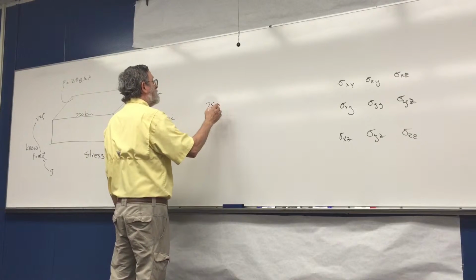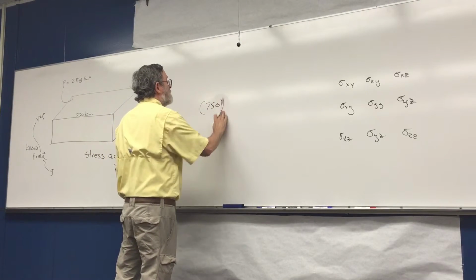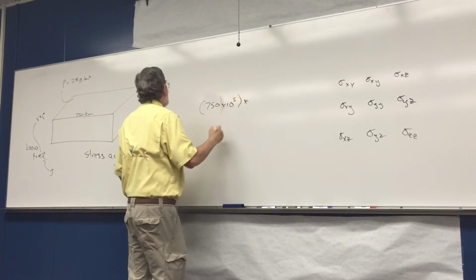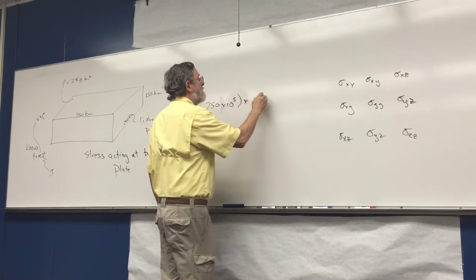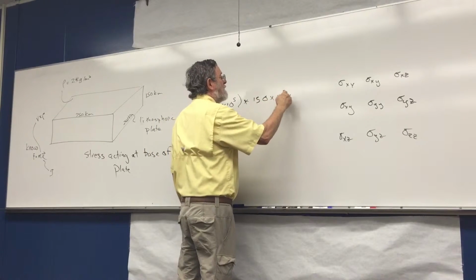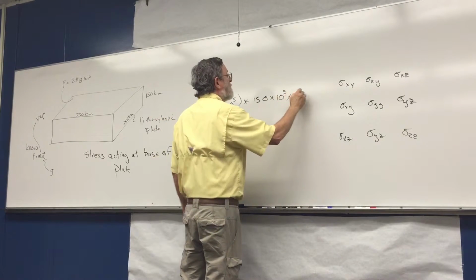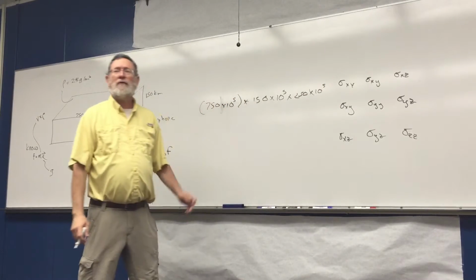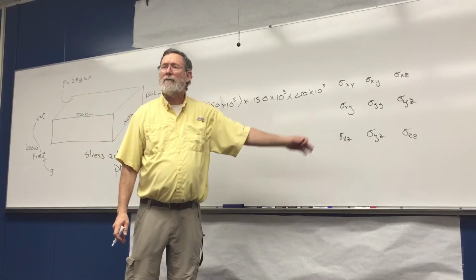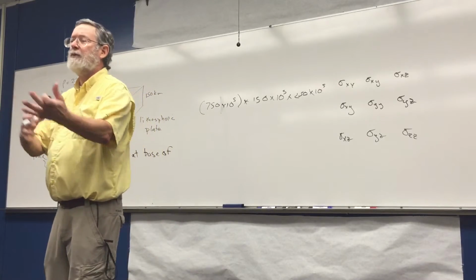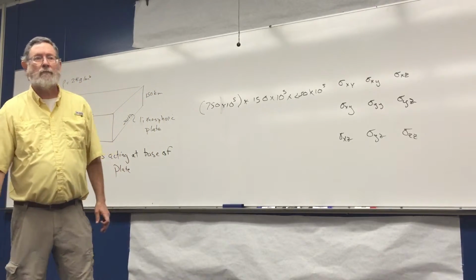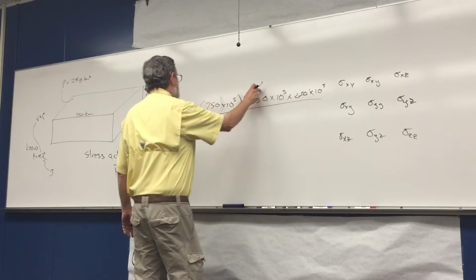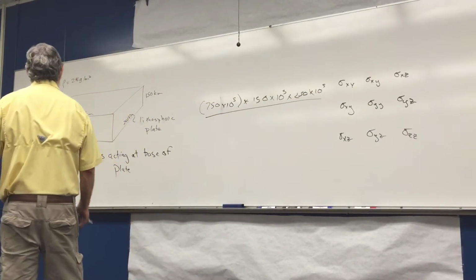So I've got 750 times 10 to the 5th times 150 times 10 to the 5th times 250 times 10 to the 5th. That puts it in centimeters. Oh, is that centimeters? Yeah, they're 10 to the 5th centimeters per kilometer. So that's going to be my volume.